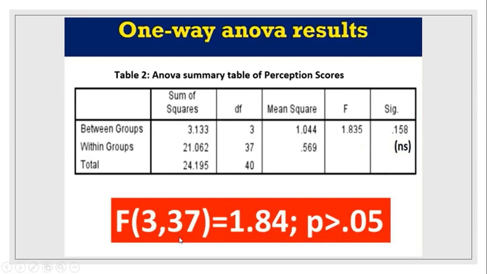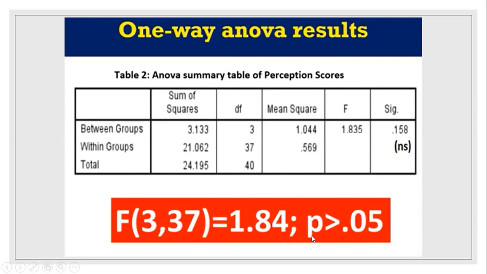And remember this shorthand, I say F(3, 37). You can see 3 and 37. Yeah, this is where you get it. Then it is equal to this, 1.84 in 2 decimal places. That's why I have it in my column. P is greater than 0.05.